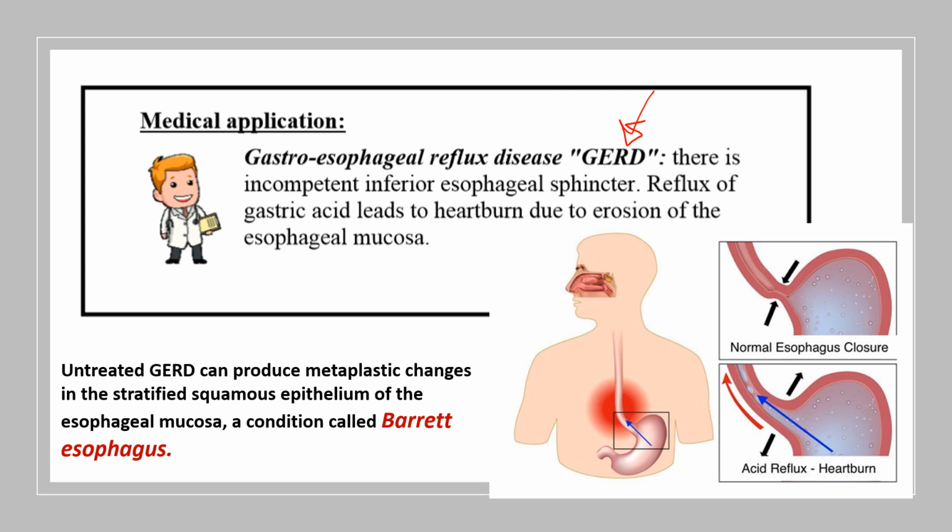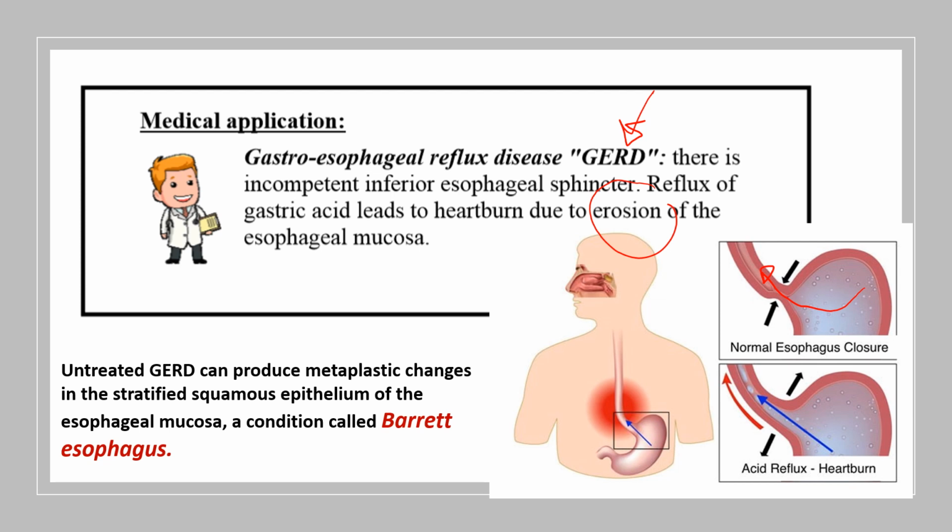It may make reflux of the gastric acidity into the esophagus, which causes heartburn. Why heartburn? Because the epithelium of the esophagus is not accommodated to this HCl or gastric acidity. So it will lead to erosion of the mucosa, which gives a sense of heartburn.